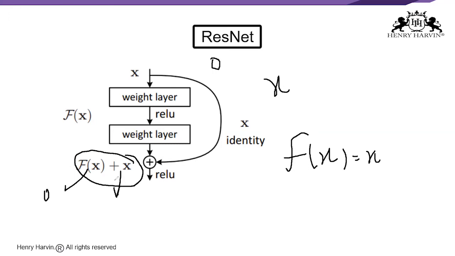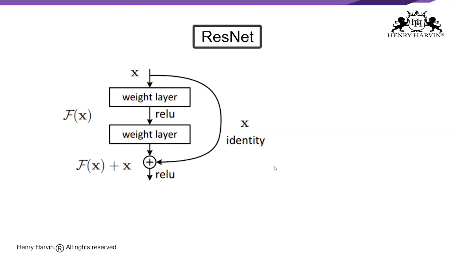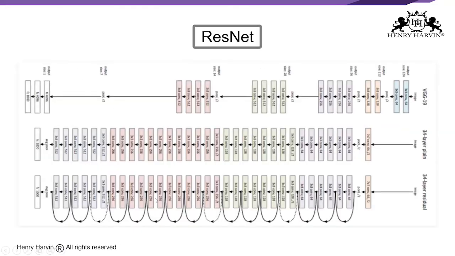The other argument, which is easier to understand, is that it provides a gradient superhighway. Let me take the diagram of our plain network so that you can understand it in a better way. Here the skip connection is happening, and this is how the path is taken.